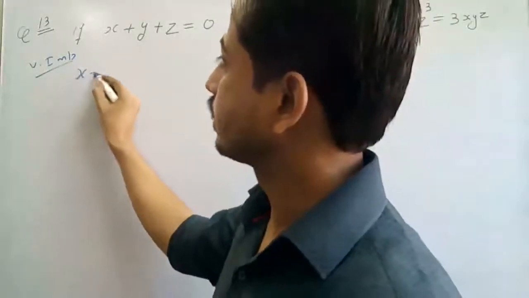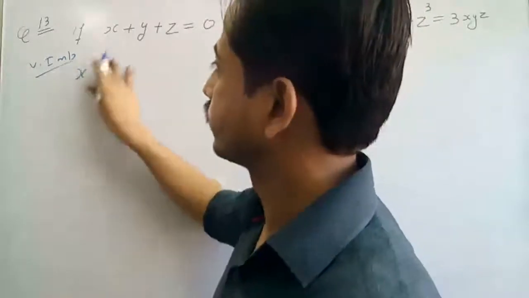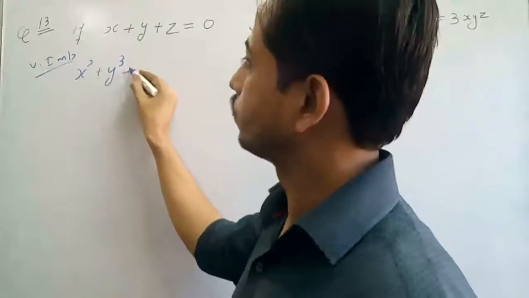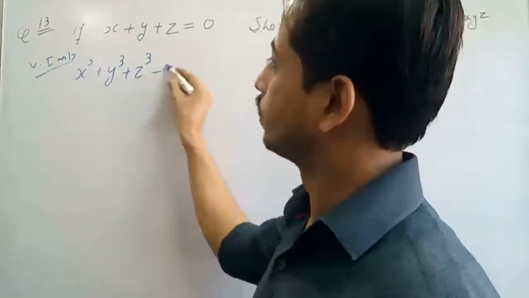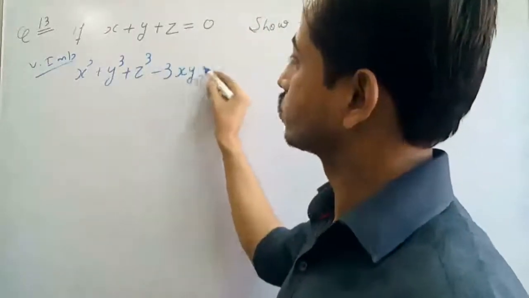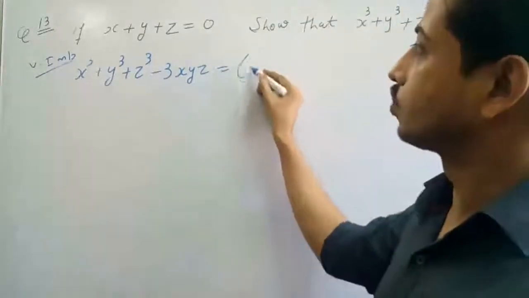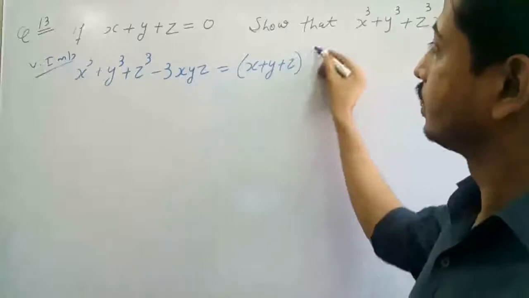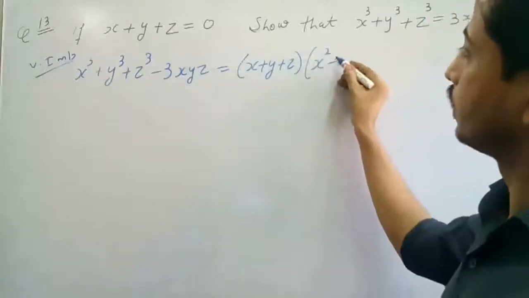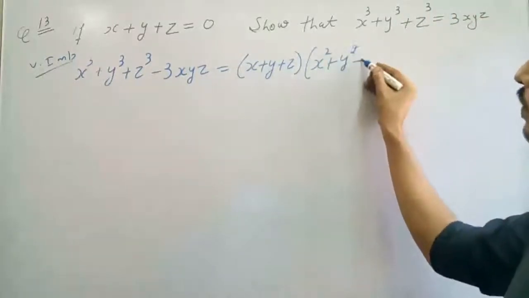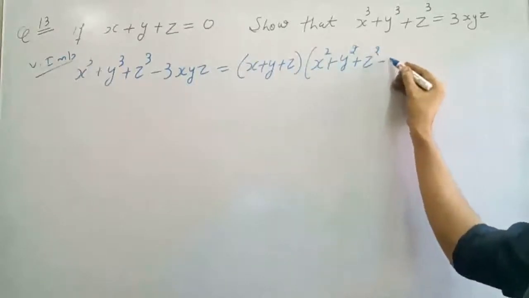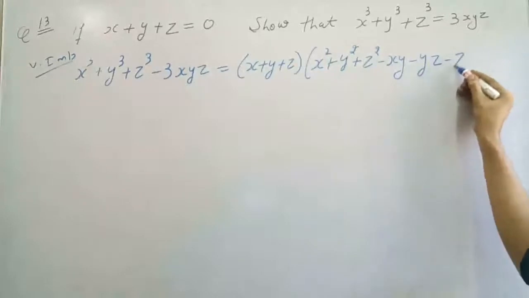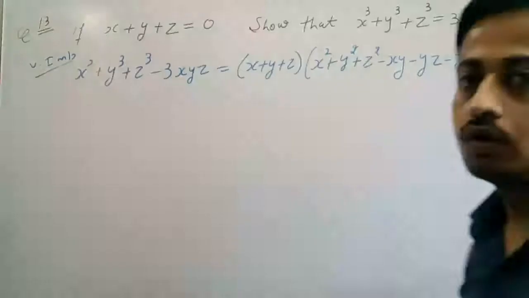What's the identity? X cube plus y cube plus z cube minus 3xyz is equal to what? X plus y plus z into x square plus y square plus z square minus x into y minus y into z minus z into x.